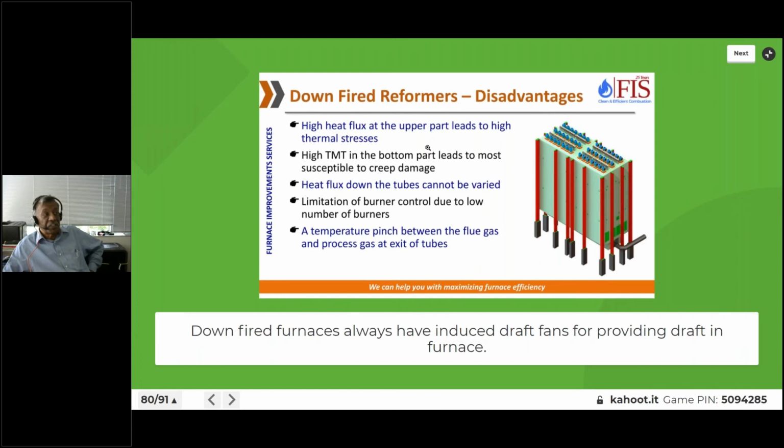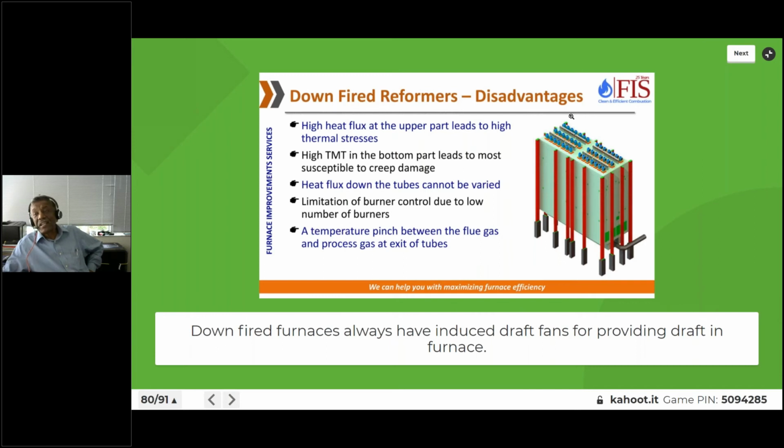There are several disadvantages: high heat flux, high TMT. You cannot adjust the heat flux in these reformers. Also, the burners are located on the top, and the cold flue gases come out from the bottom. Most of these down-fired reformers are natural draft.